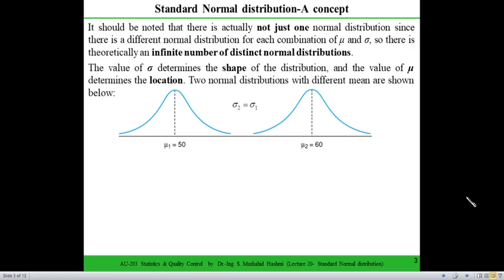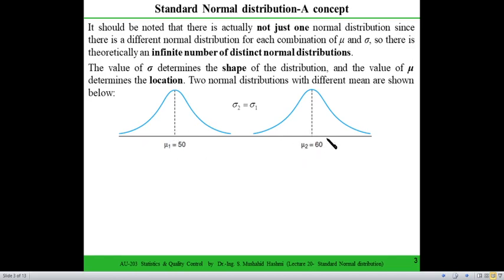Let's say we have two distributions, 1 and 2, and the means are different. The first distribution has a mean of 50 and the second distribution has a mean of 60.